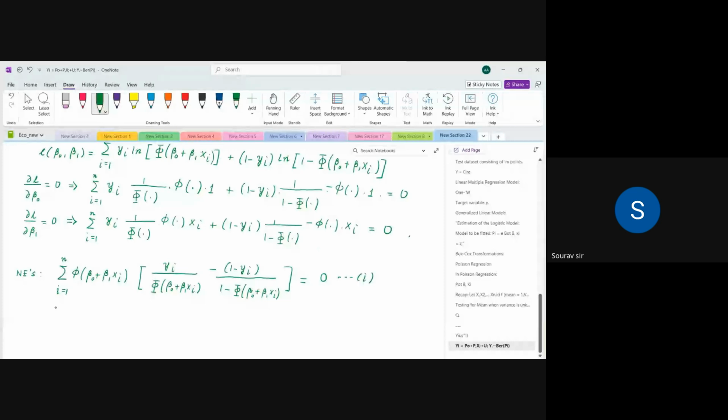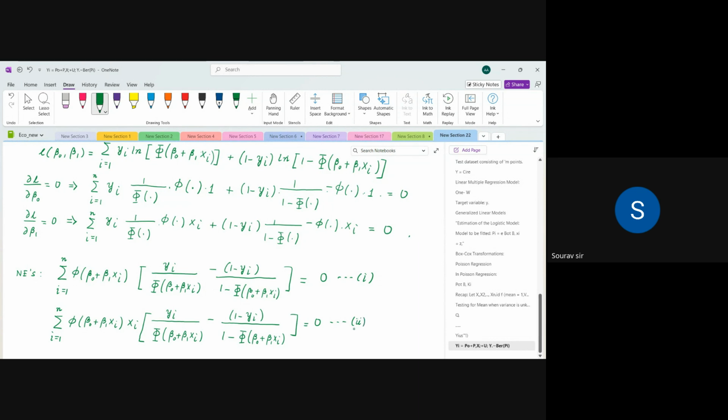So this will become summation i running from 1 to n cap phi of beta naught plus beta 1 xi into xi. This will be outside minus of 1 minus yn is equals to 0.